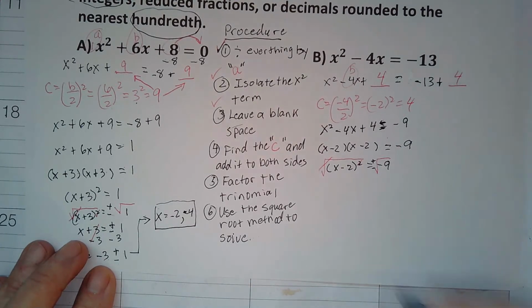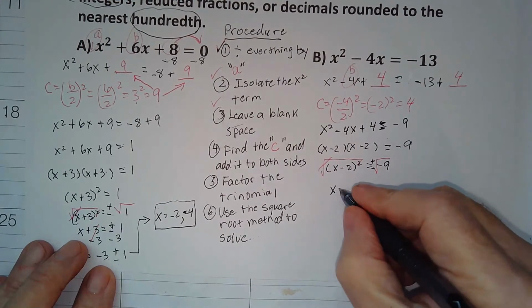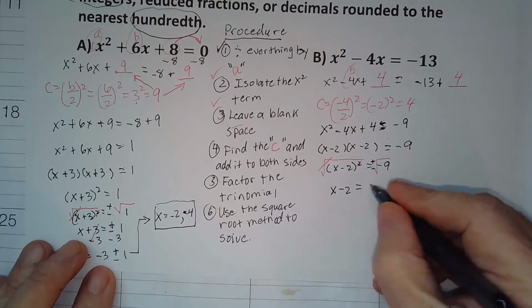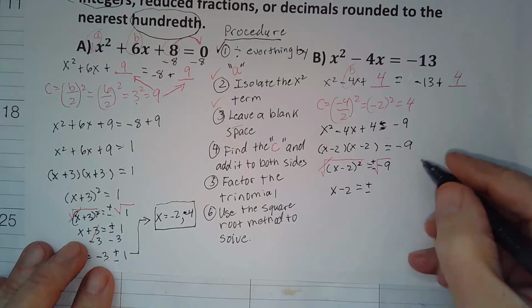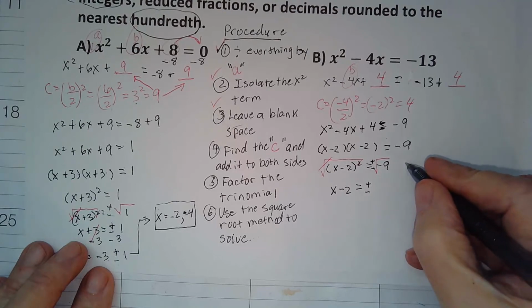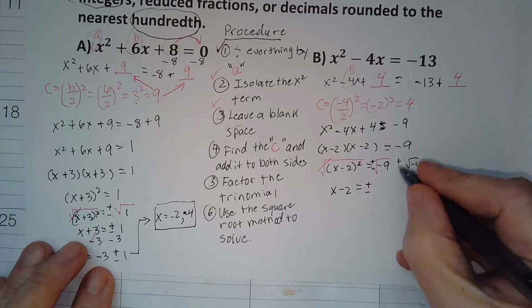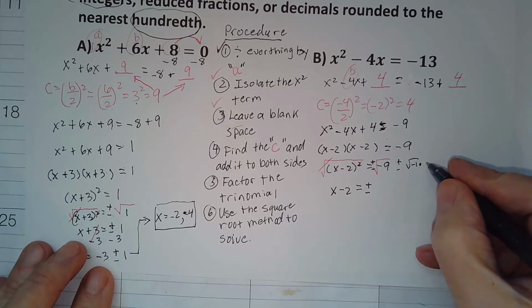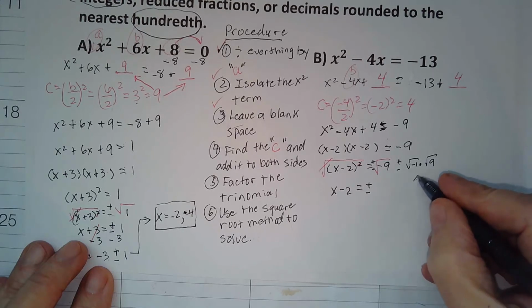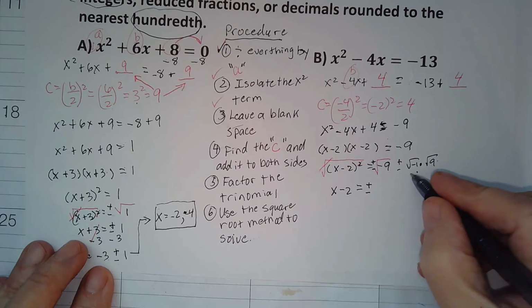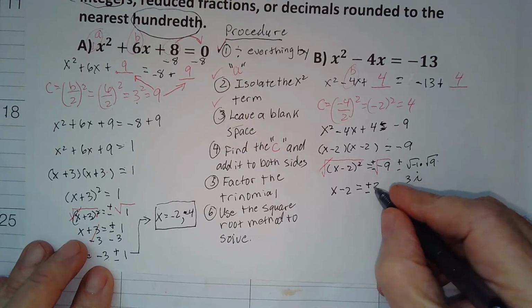We rewrite that as x minus 2 equals plus or minus. Now what is the square root of negative 9? Well, isn't that the square root of negative 1 times the square root of 9? And that's really i, and 3. So plus or minus 3i.